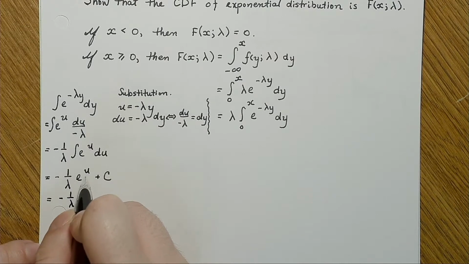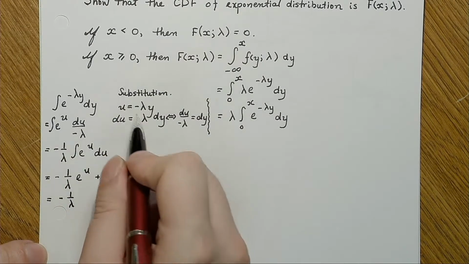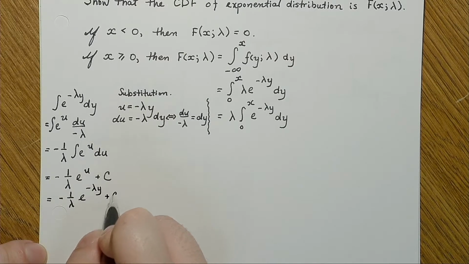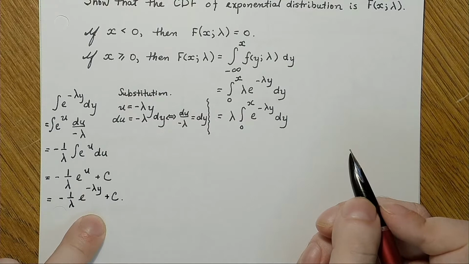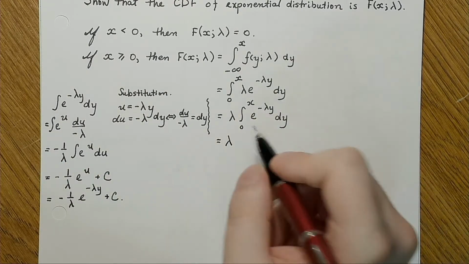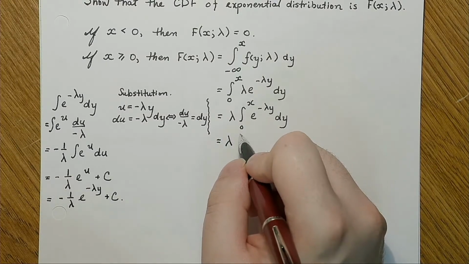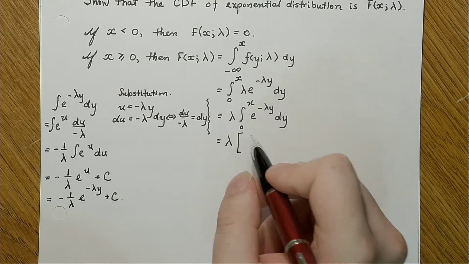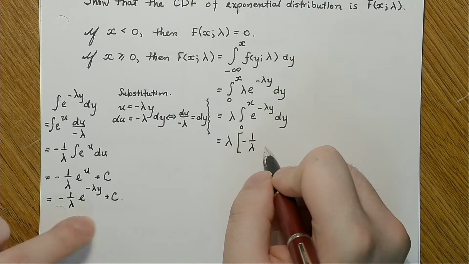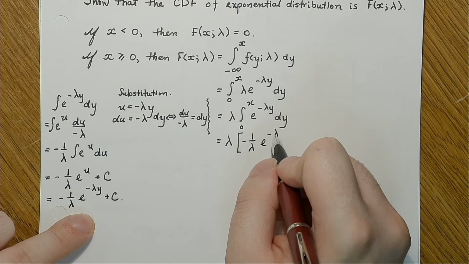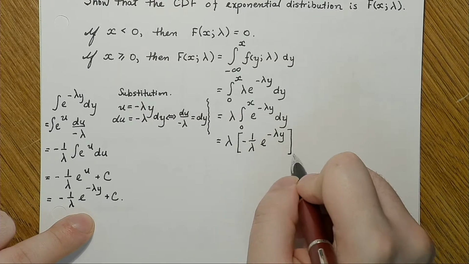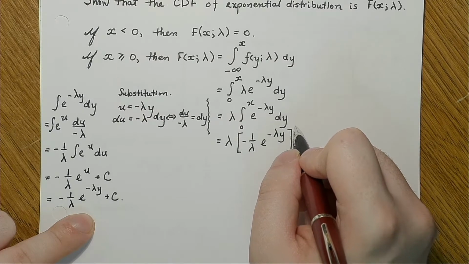And then I substitute my u back in, which is minus lambda y. So over here, it's going to be lambda, and inside the bracket here, it's going to be minus 1 over lambda e to the minus lambda y from 0 to x.